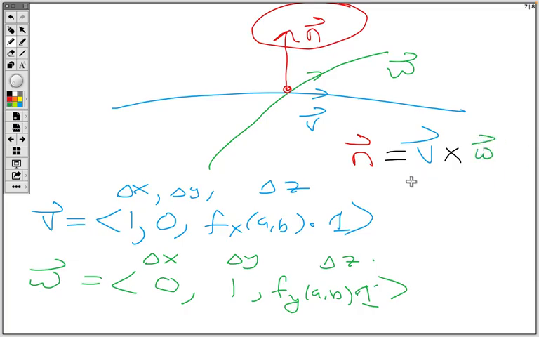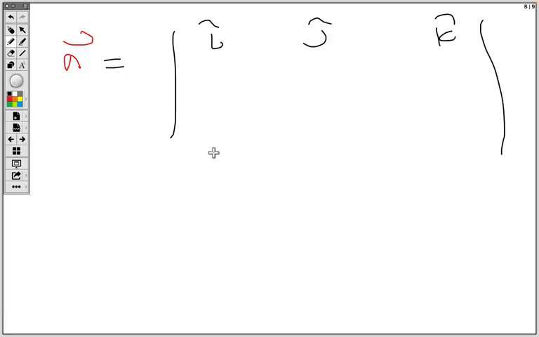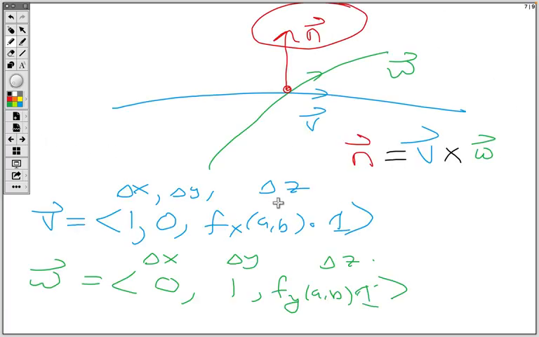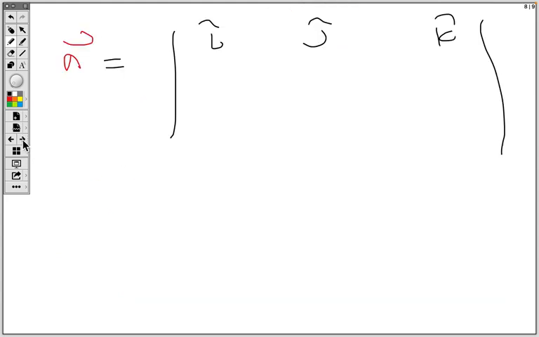All right, so let's go ahead and work that out. So n would be the cross product. We're going to set up the cross product with i hat, j hat, k hat. And then for v, it's 1, 0, fx. And then for w, it's 0, 1, fy.